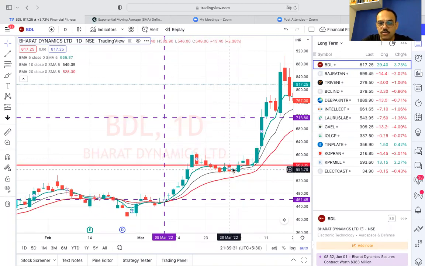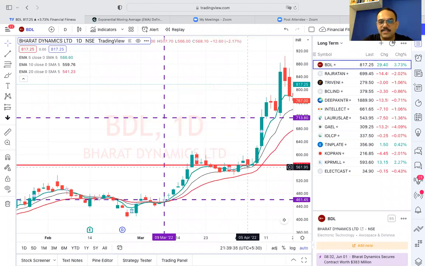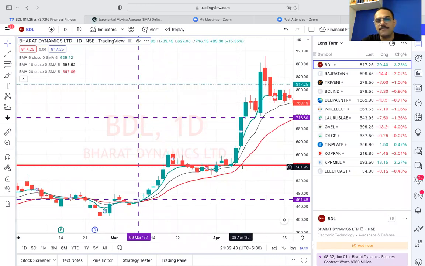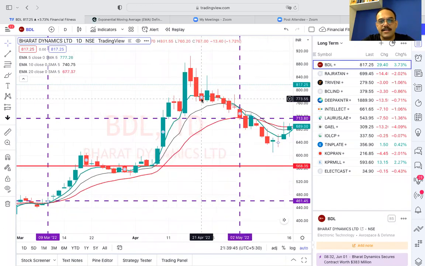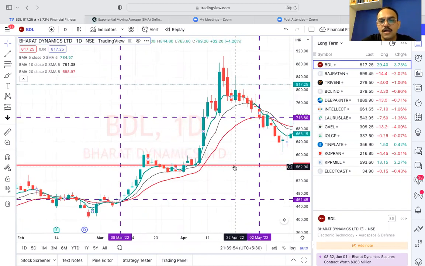That is one technique. Second is if it starts pointing up, you can buy. See, the 5 and the 10, both are pointing up here, you can buy. So either way you can do it. See, it went and touched here, it touched here. If you draw a line, it did not cross, so you don't add more shares in this.